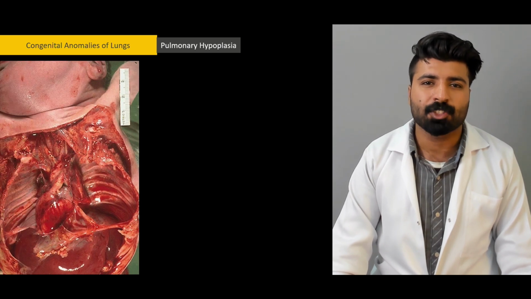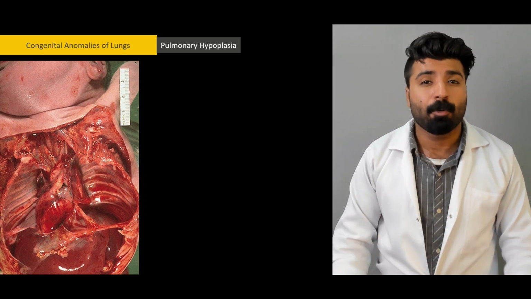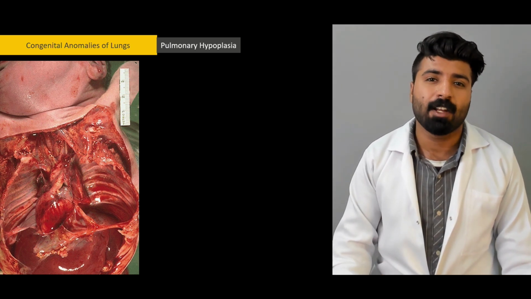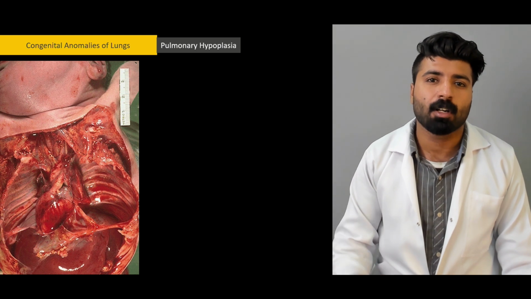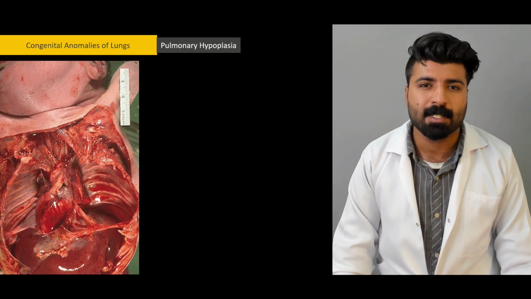Next on, we have pulmonary hypoplasia. What is pulmonary hypoplasia? Embryologically, if the lungs are not developed properly, if the lungs are not of their normal size, that's called pulmonary hypoplasia.